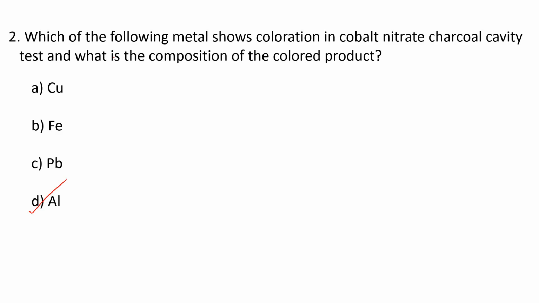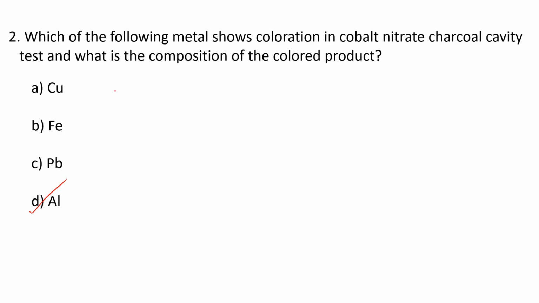In charcoal cavity test, you have seen that we heat the compound with sodium carbonate, whereby carbonate of the metal is formed, which decomposes to metal oxide, and oxides are colored. But in some metals like zinc, calcium, barium, strontium, aluminum, magnesium, these oxides or this residue are not colored. These oxides are white.